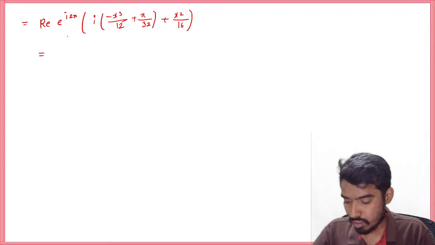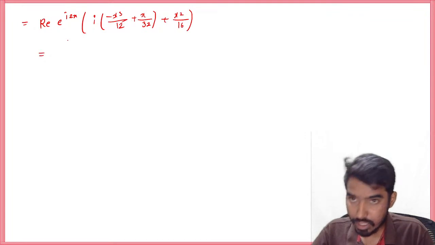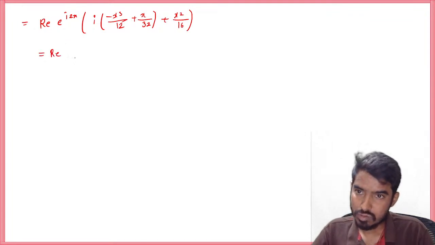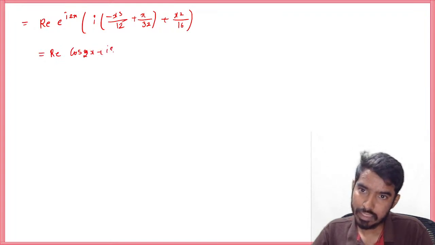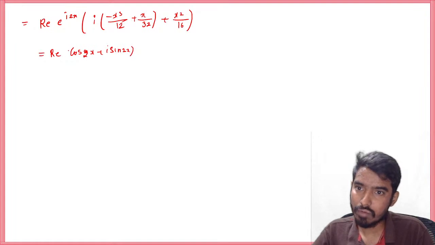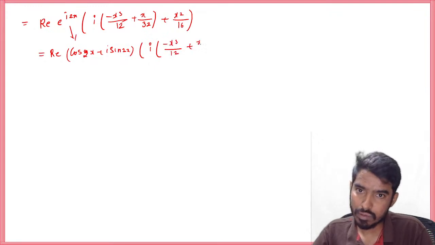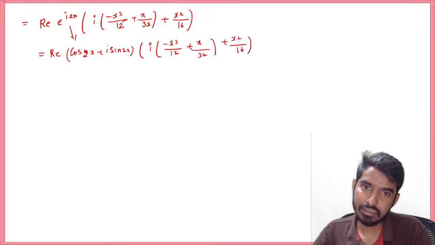So e power ix is cos 2x plus i sin 2x. Again, you revert back to this, and then here you will have i into minus x cube by 12 plus x by 32, plus x square by 16.